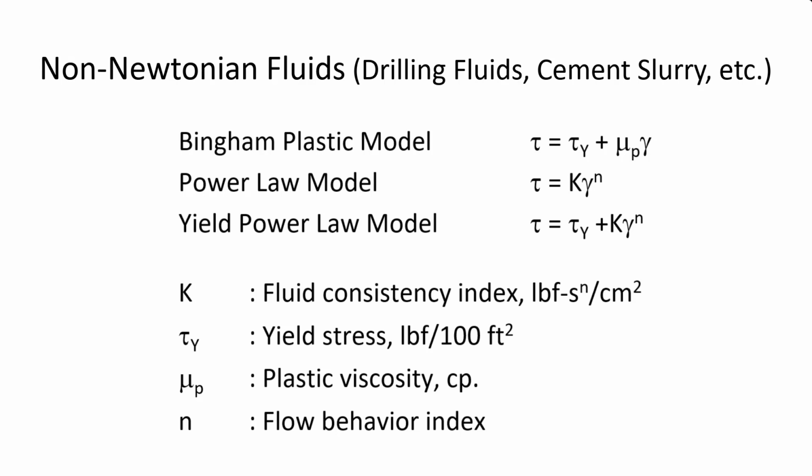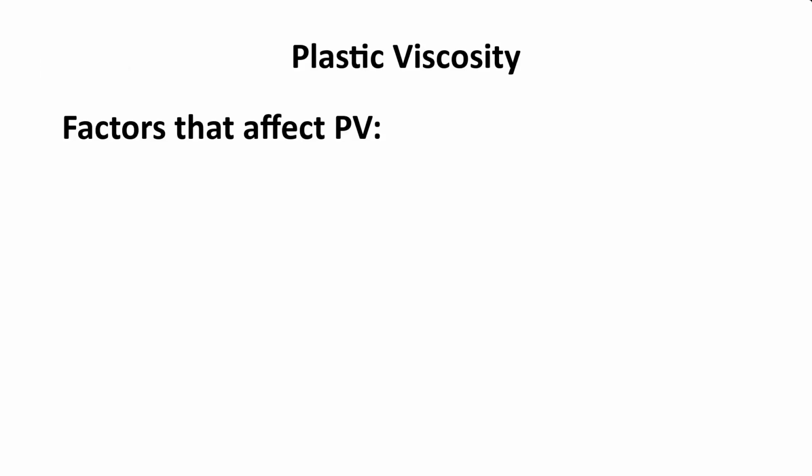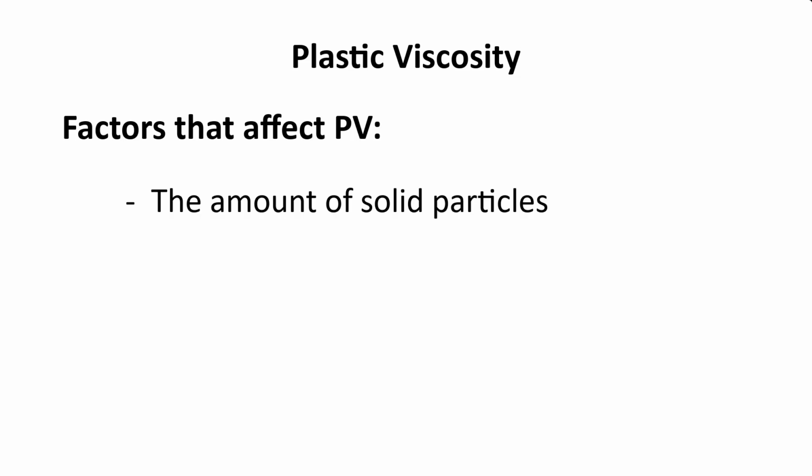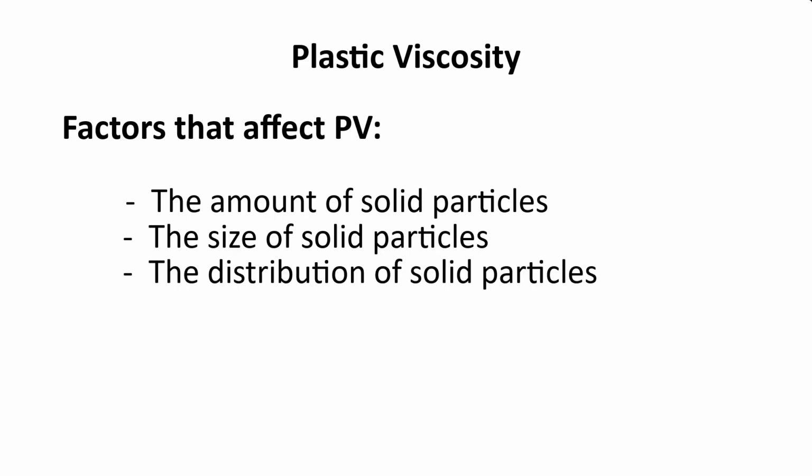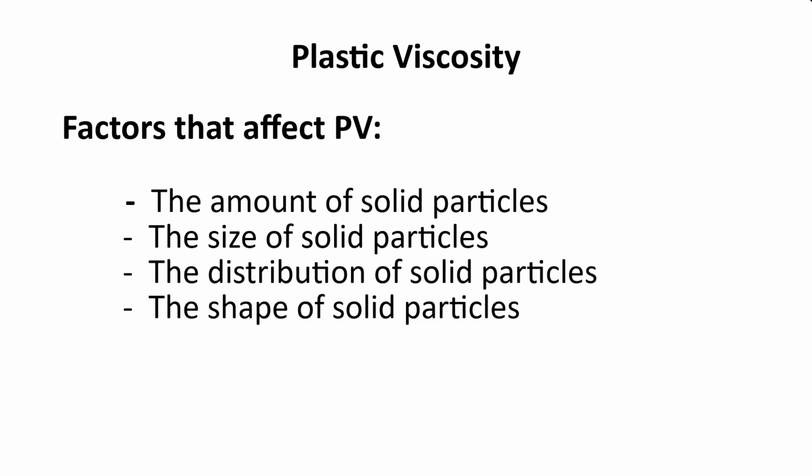Flow behavior parameters such as consistency index, yield stress, plastic viscosity, and flow behavior index can be determined from lab measurements. The following factors have a direct bearing on plastic viscosity: the amount of solid particles, the size of solid particles, the distribution of solid particles, and the shape of solid particles.